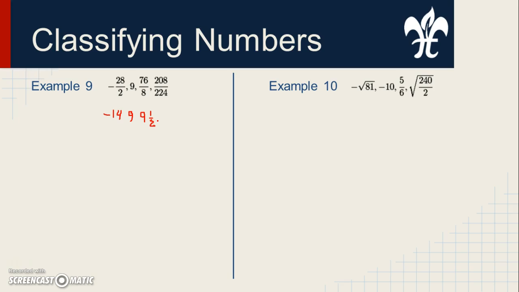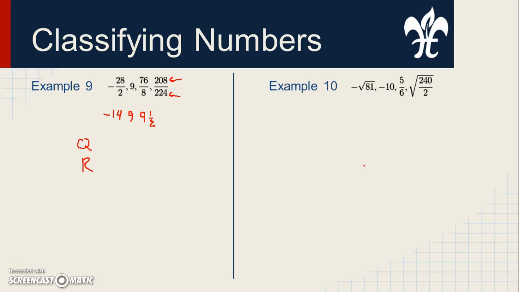And then we have 208 divided by 224, which can be simplified and reduced, but it's going to remain as a fraction. We know that because the numerator is smaller than the denominator. So this stays as a fraction. So because we have fractions in here, we know that these are rational, and we know that they're also real.